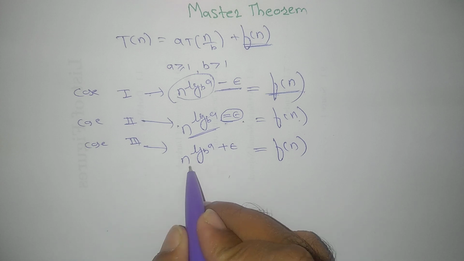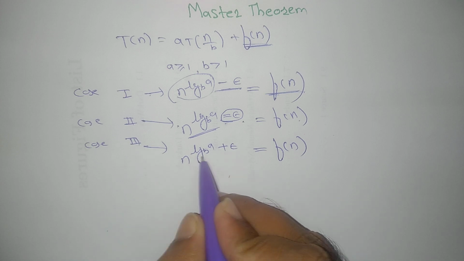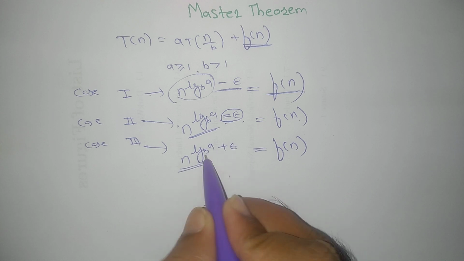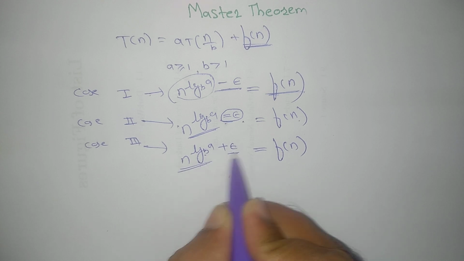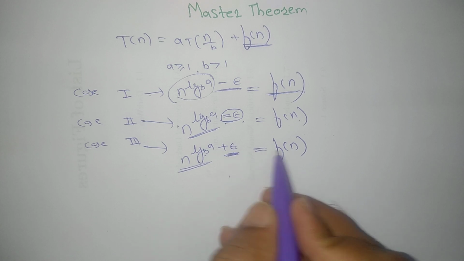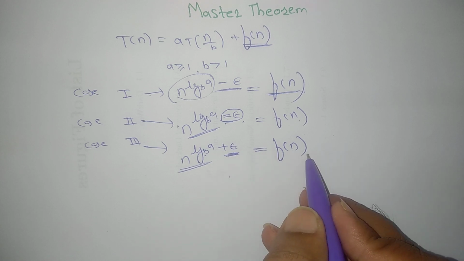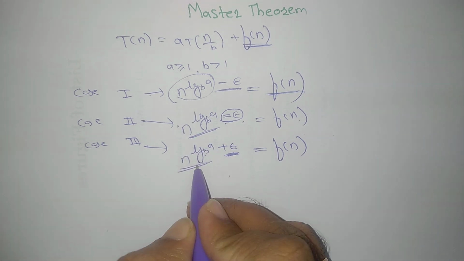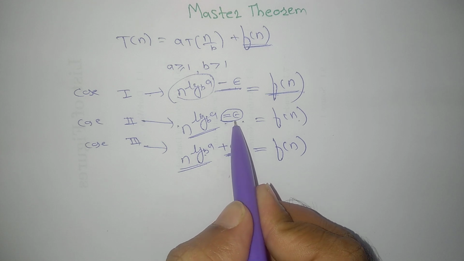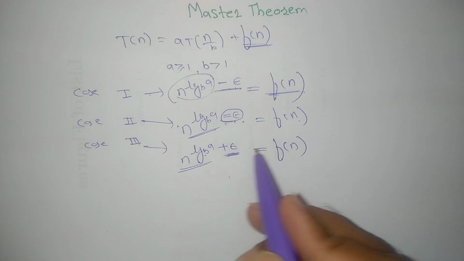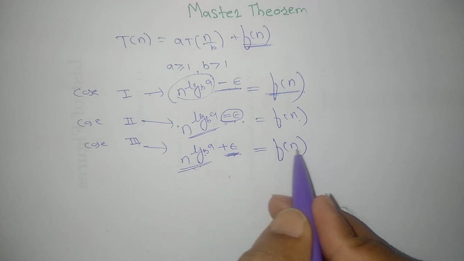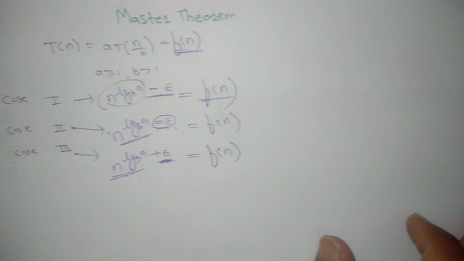And in case number 3, n^(log_b a) plus epsilon. That means whatever the value of n^(log_b a), I want to add some epsilon value, and then it is equal to f(n). These are the three different cases. Case 1 minus epsilon, case 2 equal, that means epsilon equal to 0, and case 3 plus epsilon, that means I want to add some value, then I will get f(n).